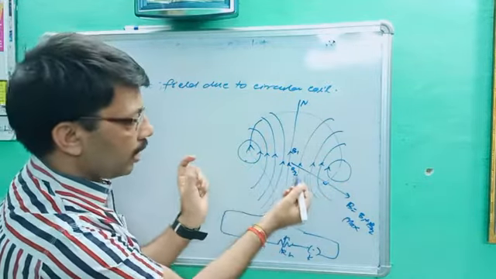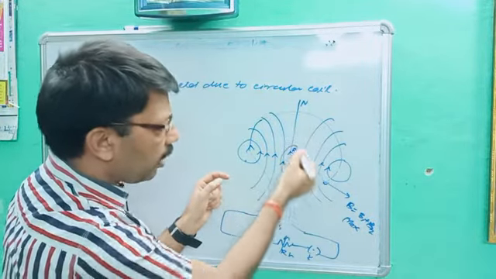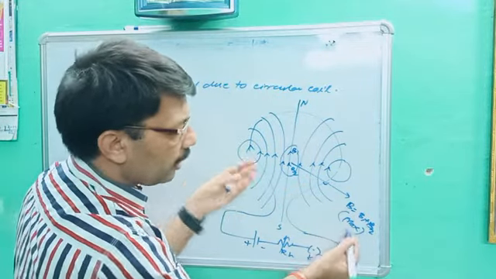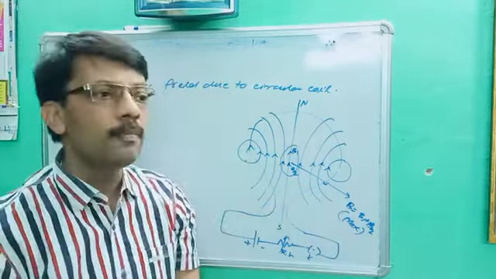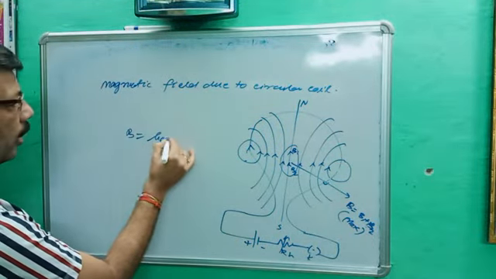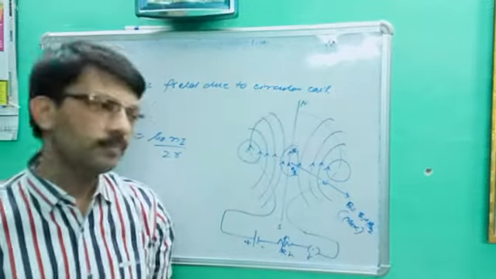Although they are anti-clockwise and clockwise, at the midpoint they have the same direction. Same direction means B is equal to B1 plus B2. It means the magnetic field at the midpoint will be maximum, and its formula is B equal to mu naught N I upon 2R. This is the formula.